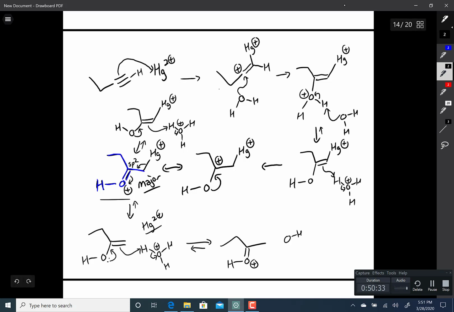And then, all that's left is to deprotonate. And that's the acid catalyzed tautomerization.